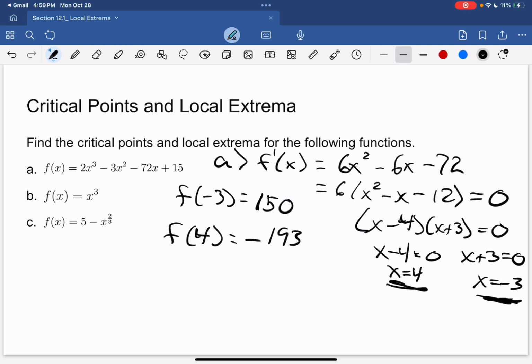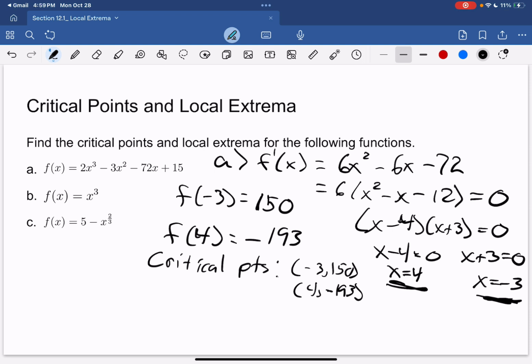Okay, so the critical points are at -3, 150, and 4, -193. So there's a change that's going to occur at those points.